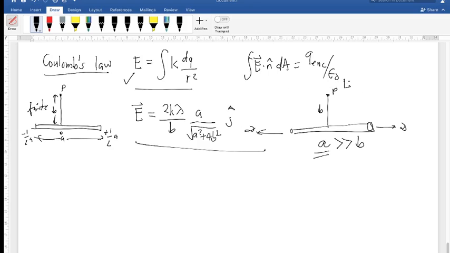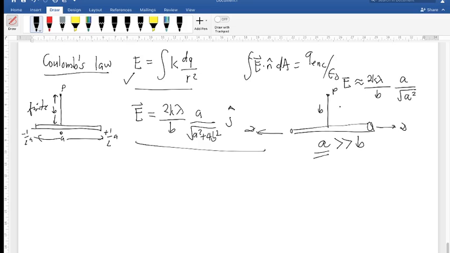So in approximation, we can get the electric field that we calculated before this video. So we have E approximately 2k lambda over b a. Since A is greater than B, we can put just A squared, because A squared is bigger than B squared.